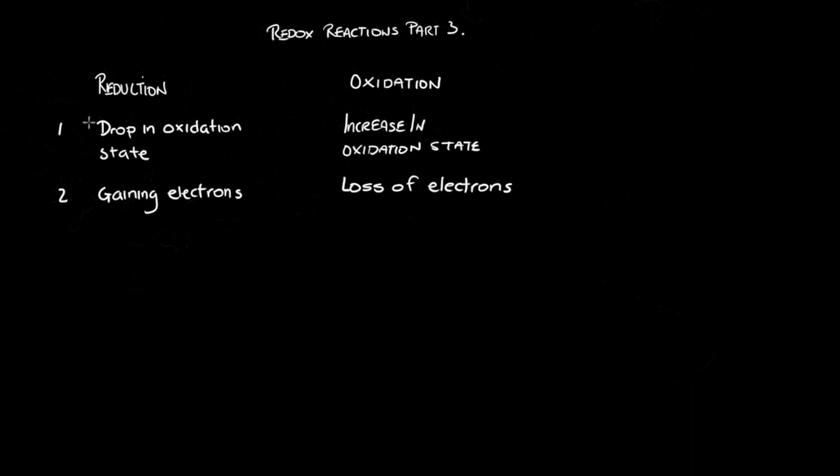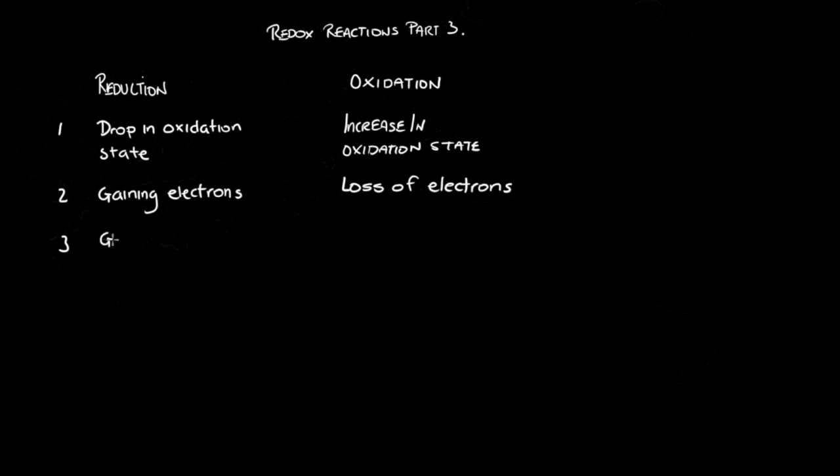If we look at the oxidation state and there is a drop in oxidation number, this makes more sense because clearly a drop is associated with reduction. So drop in oxidation state, reduction. How does this occur? Well, it needs to gain negatively charged particles. What are these negatively charged particles? Well, they're electrons. By using this definition, I'm hoping it will help students understand why reduction involves a gain of electrons.